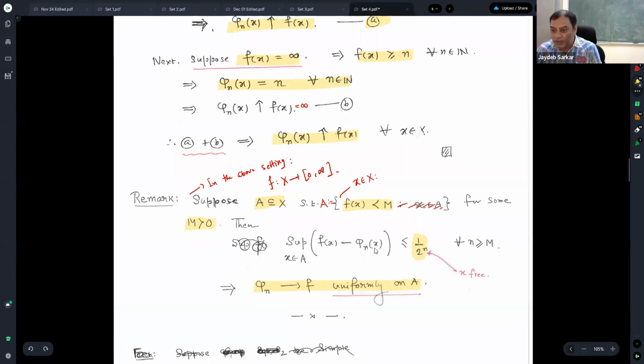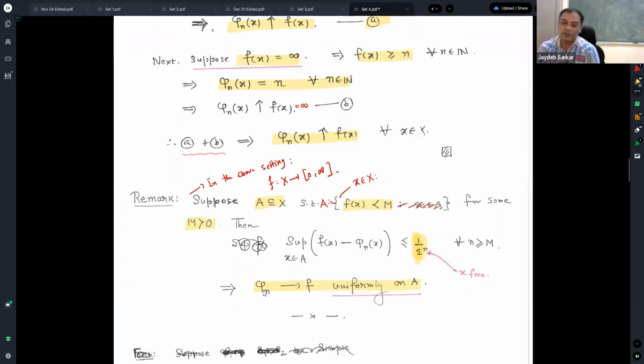In this case also phi_n converges to f pointwise. However, this pointwise convergence will be uniform because this is x-free, and then you can conclude phi_n converges to f uniformly. So if you consider a subset of X where f is uniformly bounded, then on that particular set phi_n is going to converge to f uniformly.